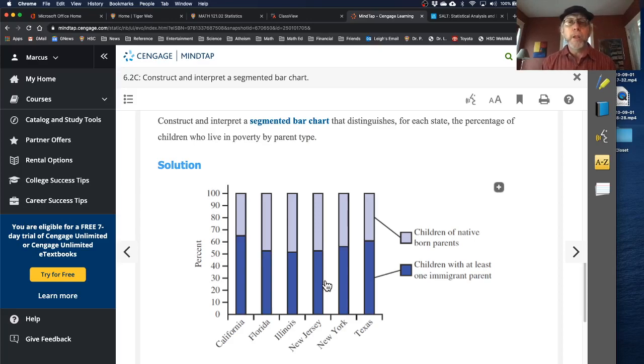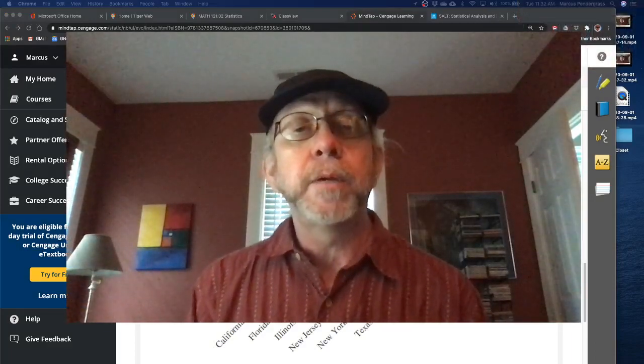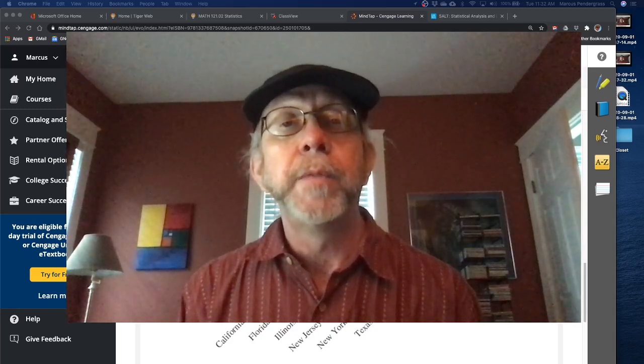A child is more likely to live in poverty if one or more of their parents is immigrant born, and that's the case in pretty much all these states. Florida less so. Florida, New York, and New Jersey less so, but California, New York, and Texas, it certainly seems to be the case. So, yeah, that's segmented and comparative bar charts for categorical data.